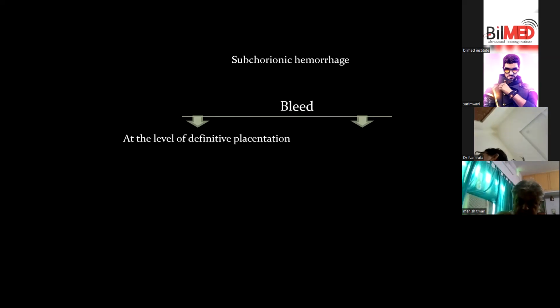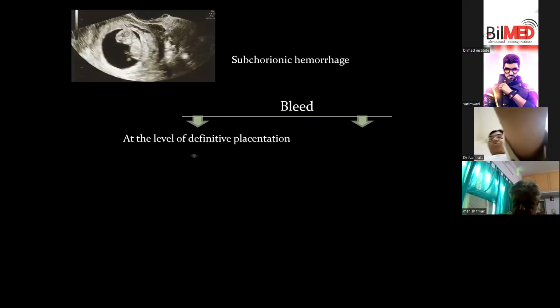Now, whenever we are seeing any hemorrhage, any detachment of gestational sac, we have to be very clear where is that hemorrhage. Is that hemorrhage at the site of placentation or away from the site of placentation? Now, you might be thinking we are discussing early pregnancy and how I can see a placenta in early pregnancy.